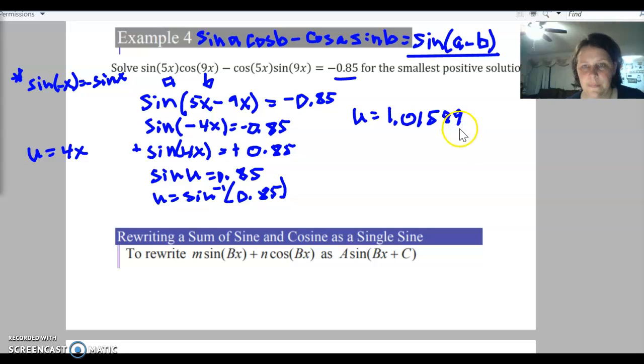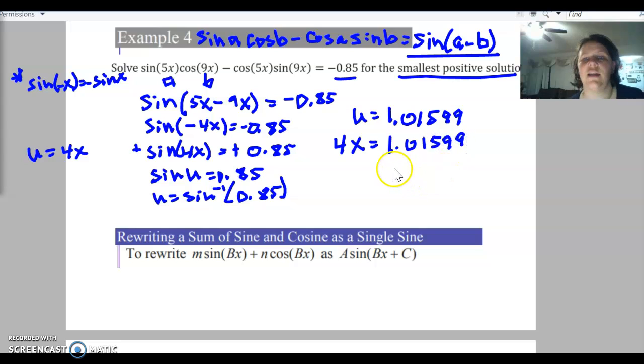And you should have 1.01599. All right, so all we want for this one is the smallest positive solution. So we only need one answer. We're not going to end up with a negative when we divide by 4. So let's just keep that answer there and solve for x. So for x, plugging that back in for u, equals 1.01599.